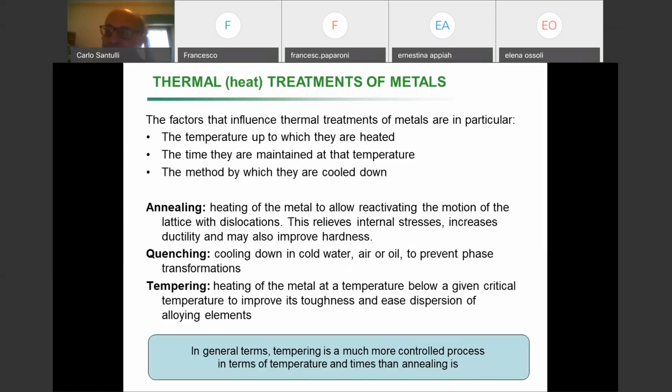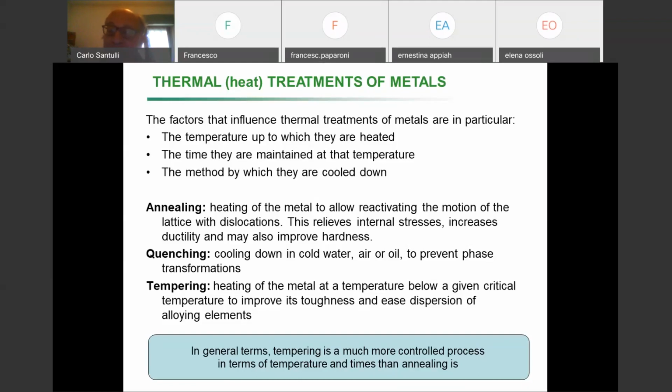And then the method, because I can cool down by simply leaving them in place, like it is the case for concrete. I take off the mold from concrete and then leave it until it dries.